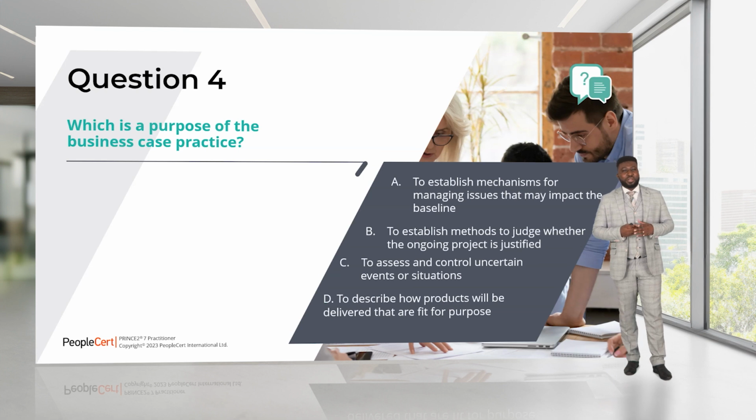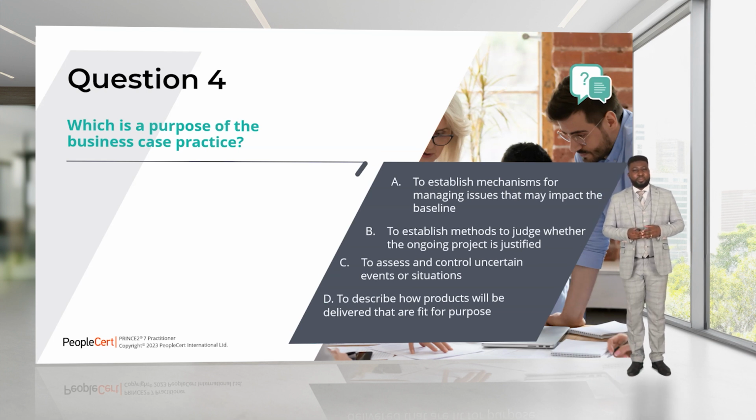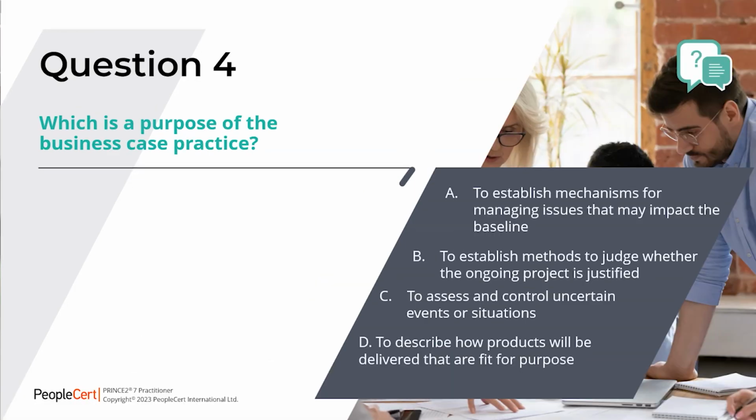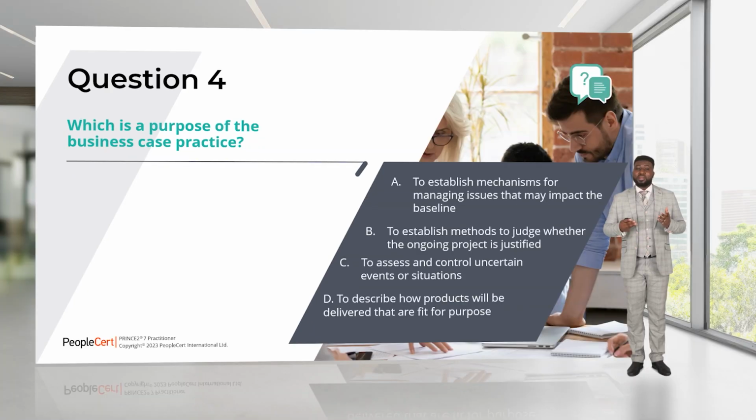Having gone through the foundation course, at this point, you should feel confident in being able to describe the purpose of each practice. So let's go through them. D says to describe how the product will be delivered that are fit for purpose. Well, that's quality. C says to assess and control uncertain event or situation. That is risk.